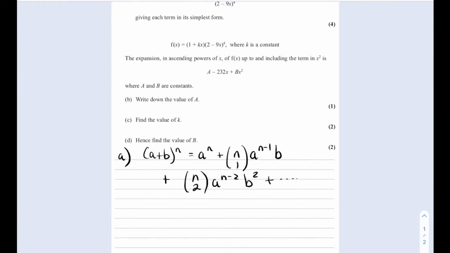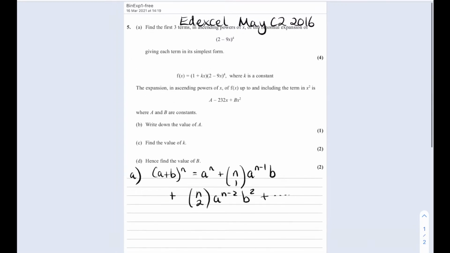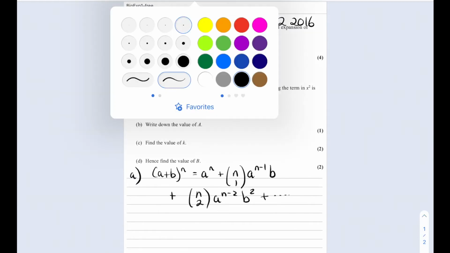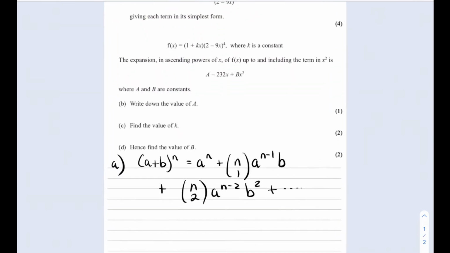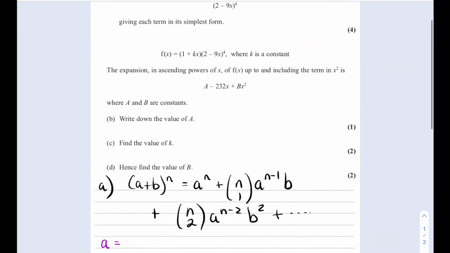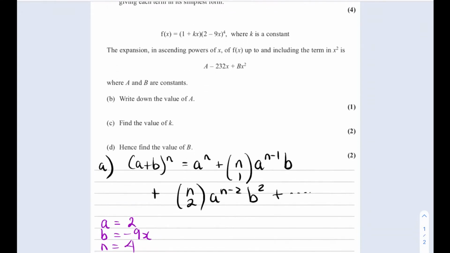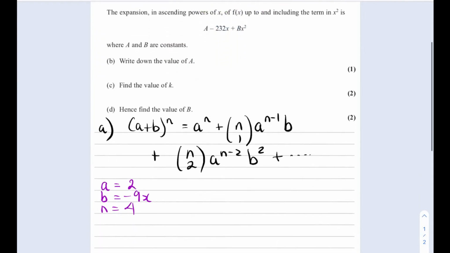Those are the first 3 terms of the expansion, and as long as we choose b to be the x term, this will be ascending powers of x. What I do is I always write down my formula first, and then I choose my substitution for a, b, and n. So in this case, a will be 2, b will be minus 9x, and n will be 4. So we can substitute those directly into the formula.